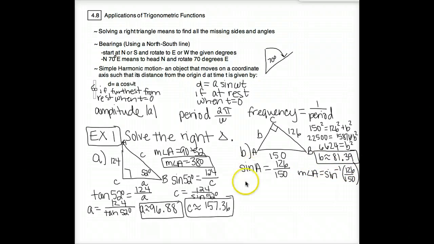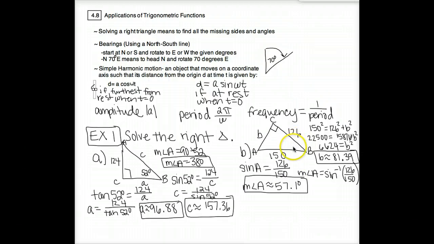So if you do inverse sine of 126 over 150, and again, most of the ones in the book are going to say to round angles to the nearest tenth, sides to the nearest hundredth. So we would get 57.1 degrees on A. And then B, you have a choice.